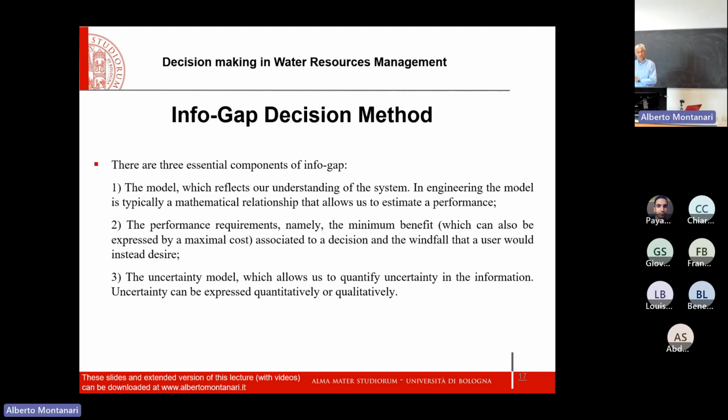I skipped the slide because I want to move to the applications quickly. So there are three essential components that I have to take into account in order to apply InfoGap. First, a model that serves to make the prediction, the climate model, for instance. If we talk about a prediction of water for irrigation, we need more than a climate model.